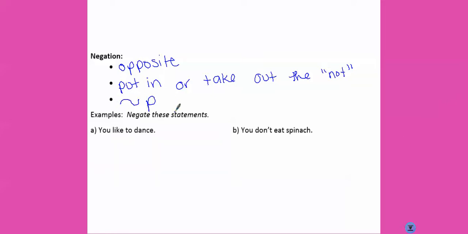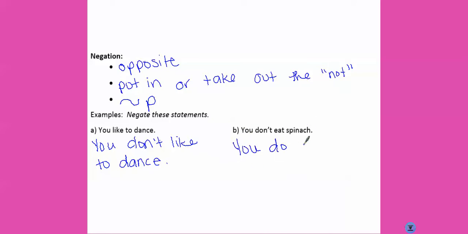So if we wanted to negate these statements, the original is you like to dance. The negation would be you don't like to dance. If you don't like spinach, the negation would be you do eat spinach.